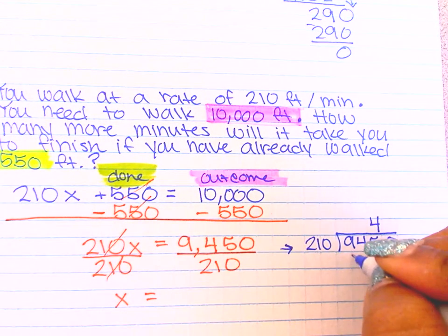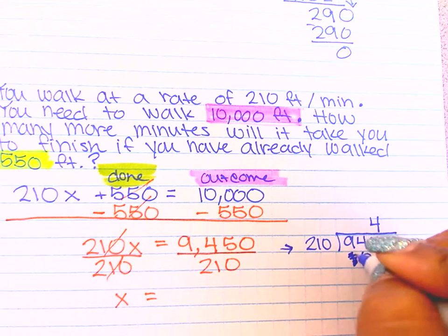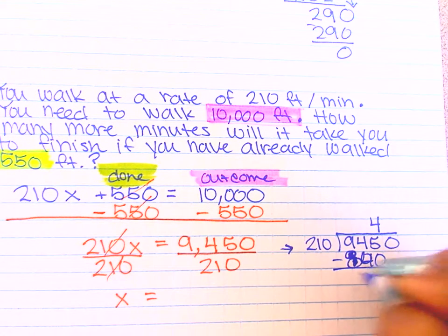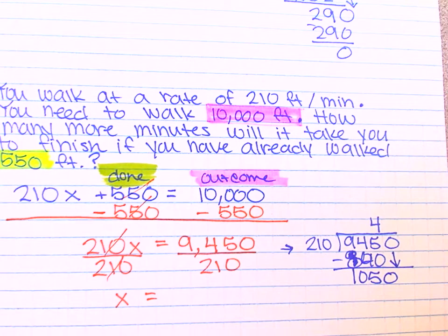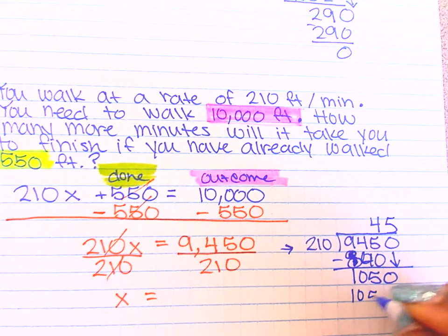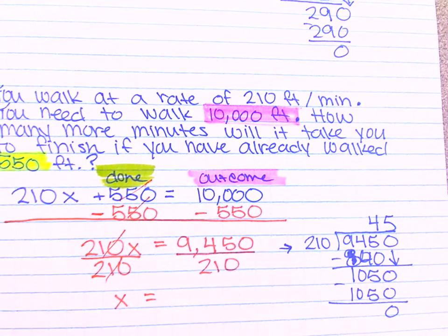So then I get 840. I subtract that and I get 105. I bring down my 0. 210 goes into 1,050 5 times evenly. So I'm left with 45.